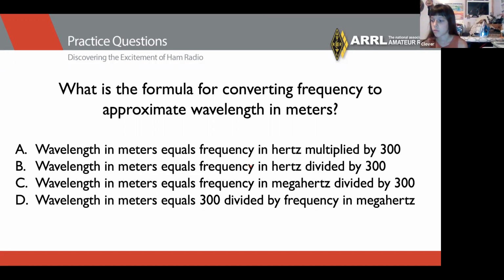Okay. So we have the megas both with the 300 and with the frequency, and that allows us to get rid of that. So we end up with 300 divided by the frequency in megahertz.